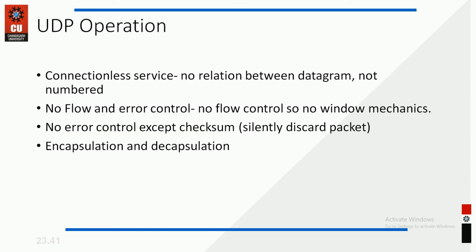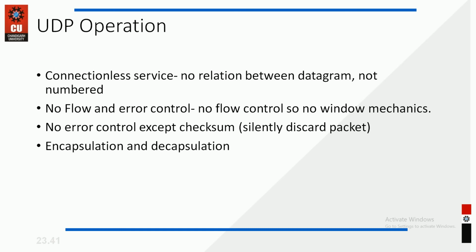Now the main thing, the consideration of UDP is the services it is going to provide. It is a short lecture, and here we have already discussed this. You will normally face a question on the difference between UDP and TCP.